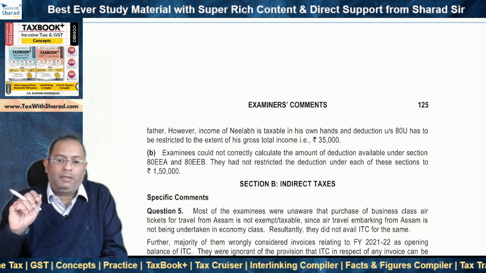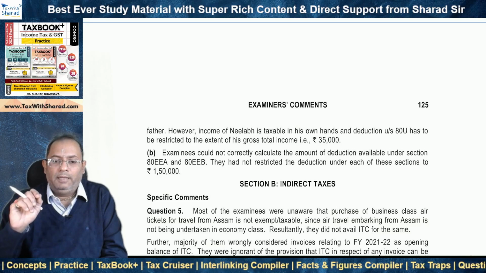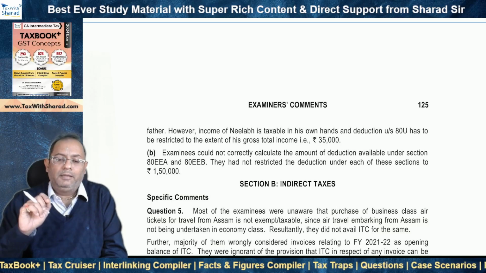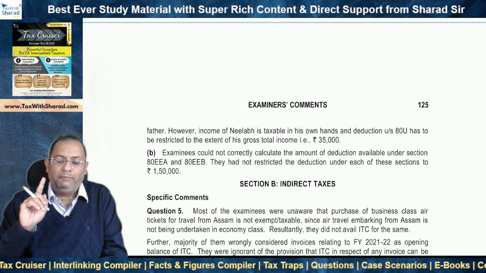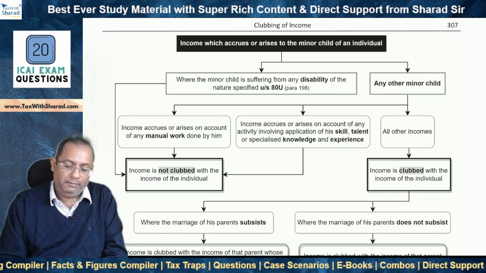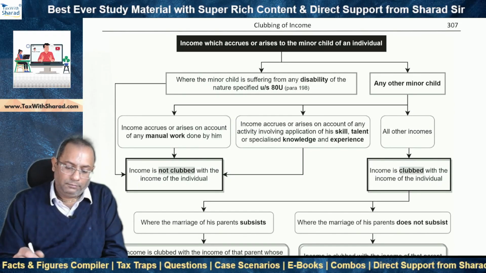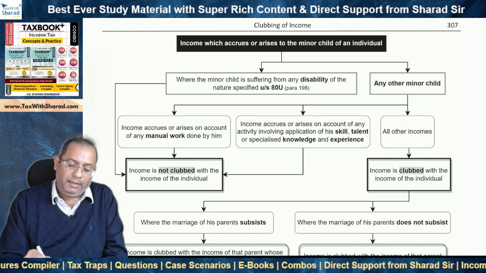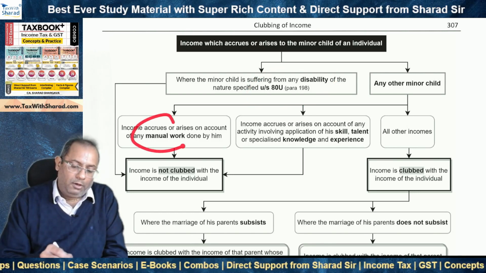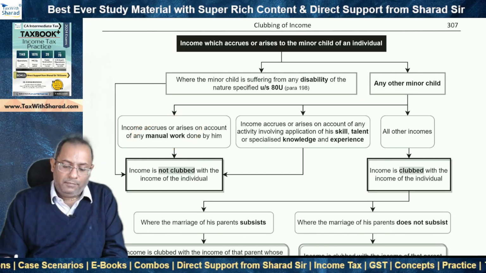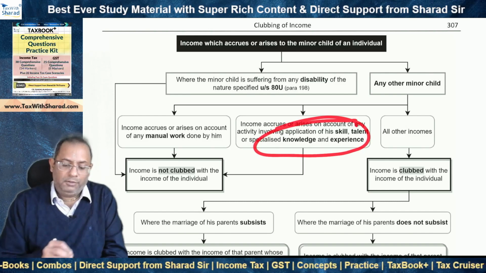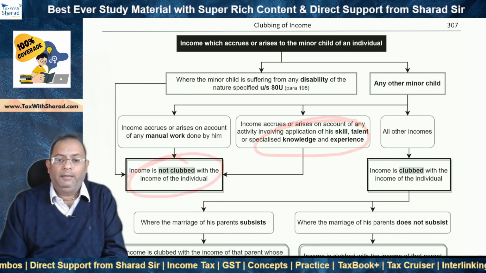So whenever we are talking about the clubbing of income of a minor child, we need to check whether the minor child is suffering from a disability under section 80U. If yes, then clubbing will not be attracted. Also, even if the case is not of disability under 80U, but the income is on account of manual work done by the child, or it arises because of skill, talent, specialized knowledge and experience of the child, even then clubbing should not be done.